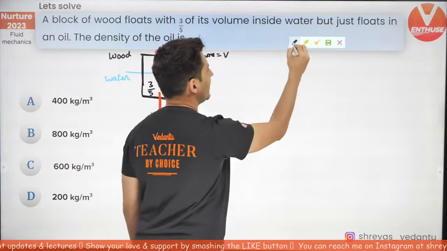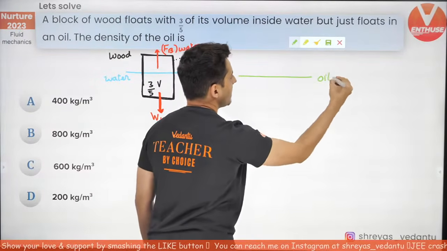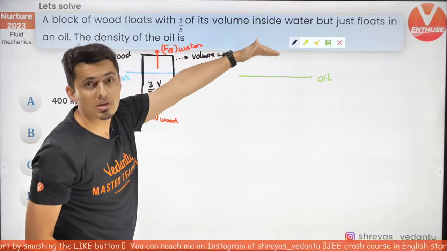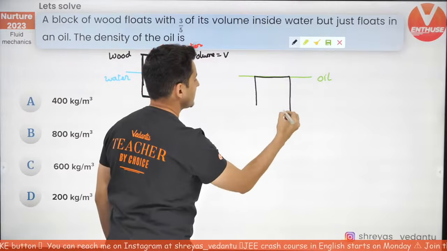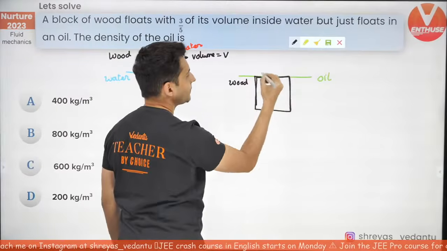In the second scenario, what has happened? Think, this is oil. The solid, that wood, barely floats, just floats. That means it is completely immersed. This is how the wood looks in the second scenario.